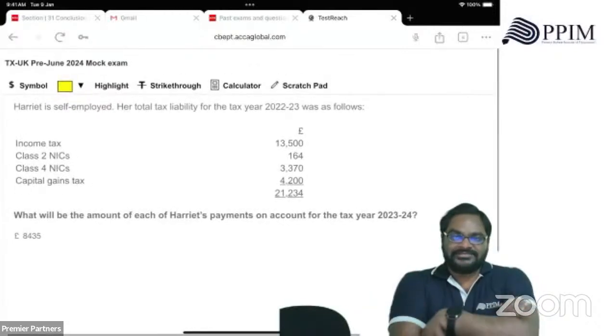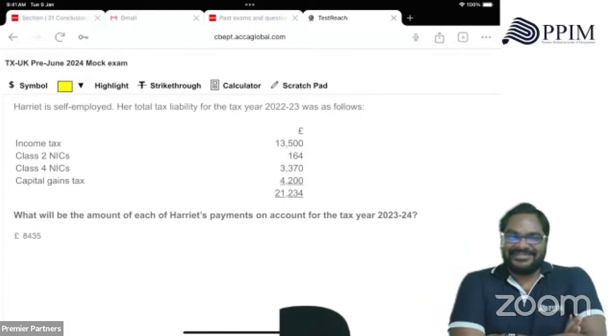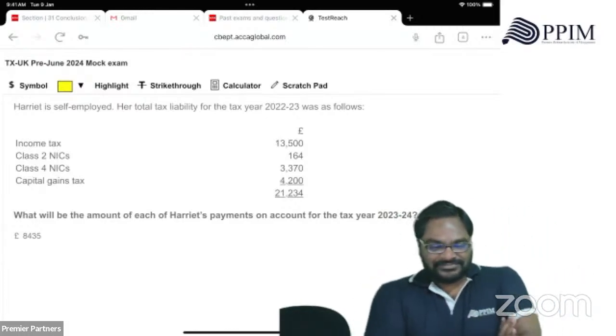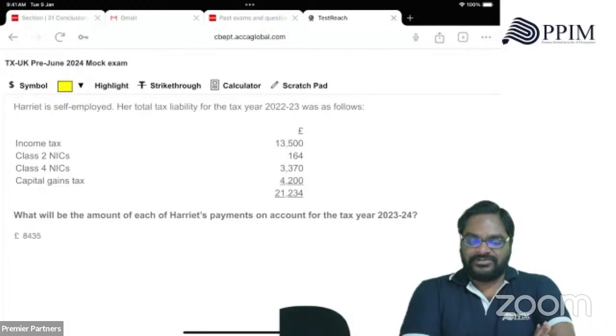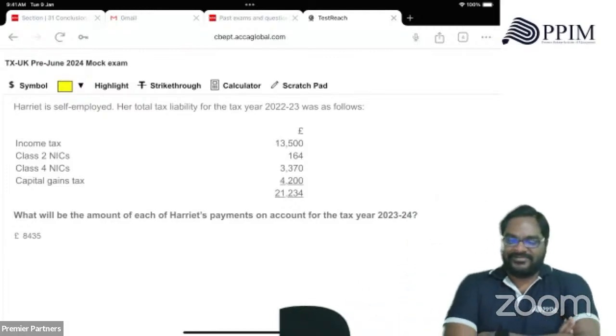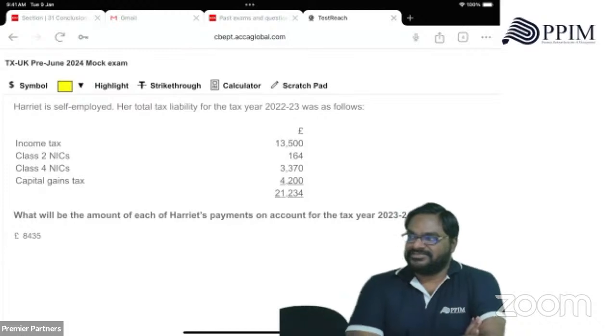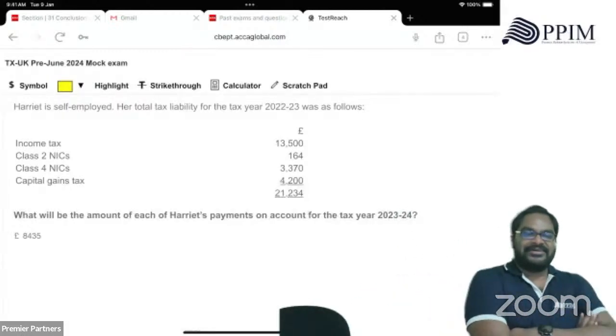Now clear? Okay. Payment on account means you can have two payments. So for one payment, how much do you need to pay? Great. I received one answer online. Good.